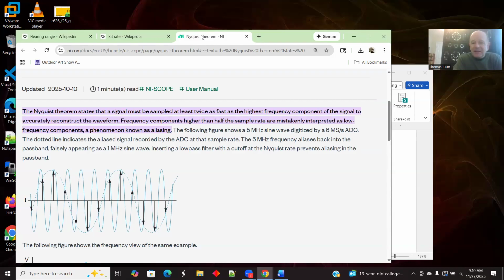At least twice as fast as the highest frequency component to accurately reconstruct the waveform. So those are our components.